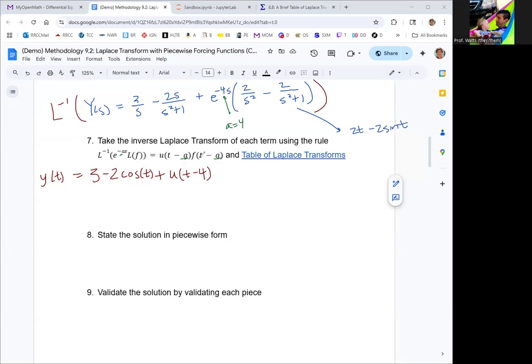So that's f of t, right? And we want f of t minus a, so each of the t's needs to be replaced with t minus a, which is t minus 4. So how it actually looks after the shift is 2 times, in parentheses, t minus 4 minus 2 sine parentheses t minus 4.